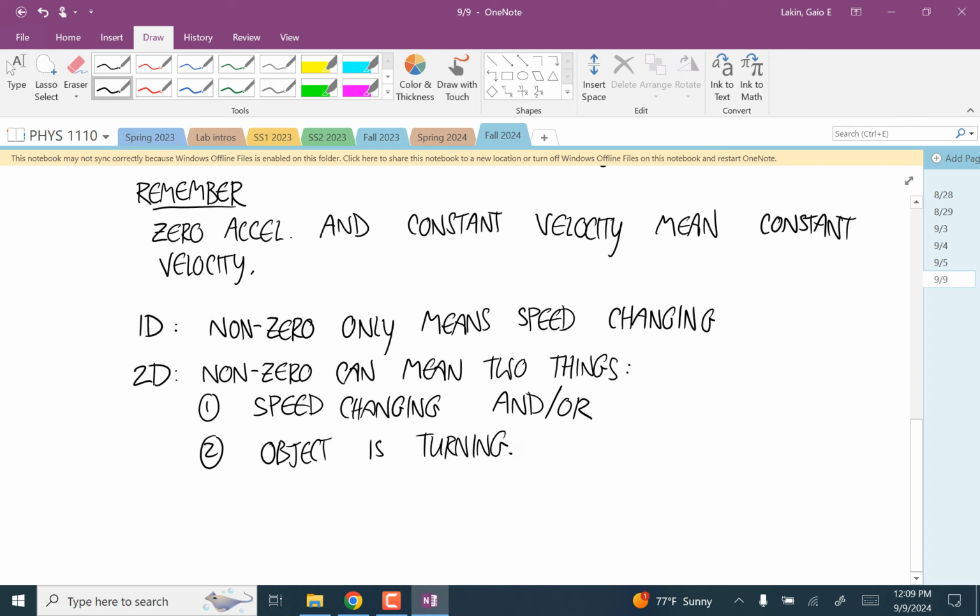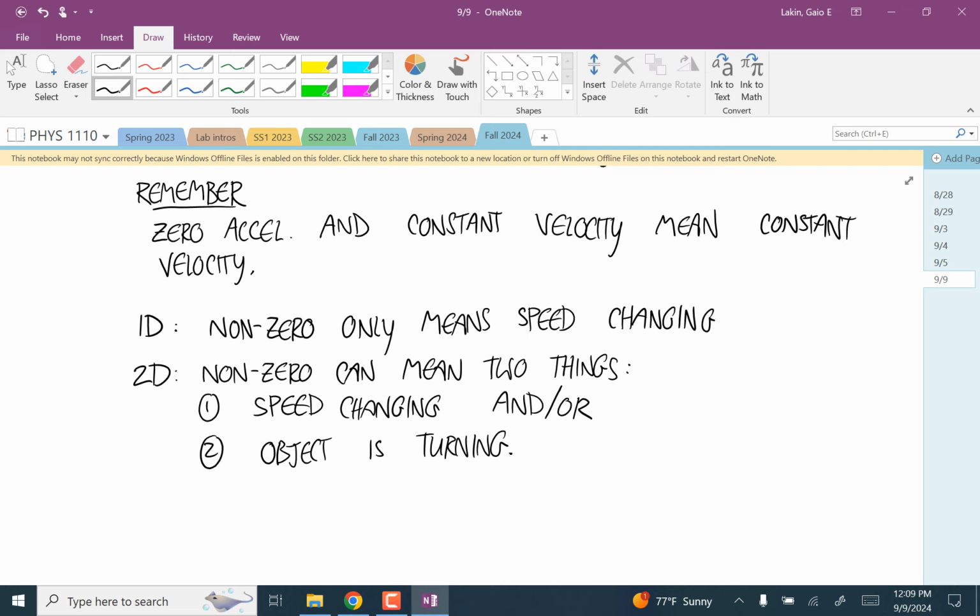And as a concrete example of that, if you imagine being in a giant parking lot and driving reasonably fast in a circle, imagine going in a circle without changing the speed. The whole time you're checking the speedometer and you're going 20 miles an hour around.